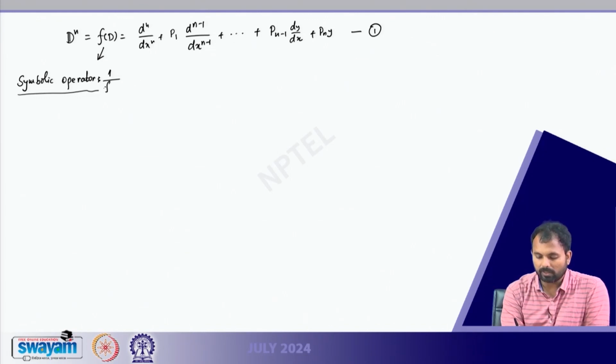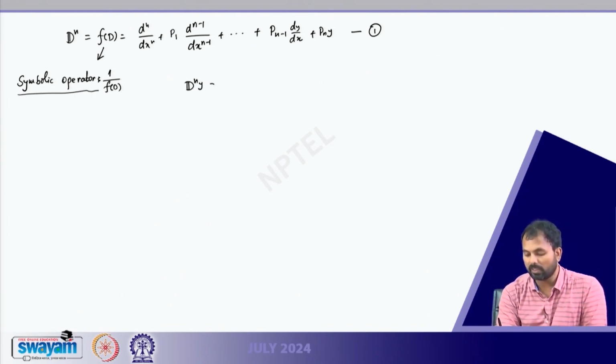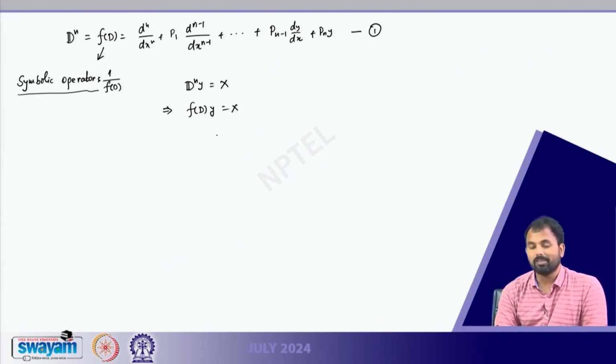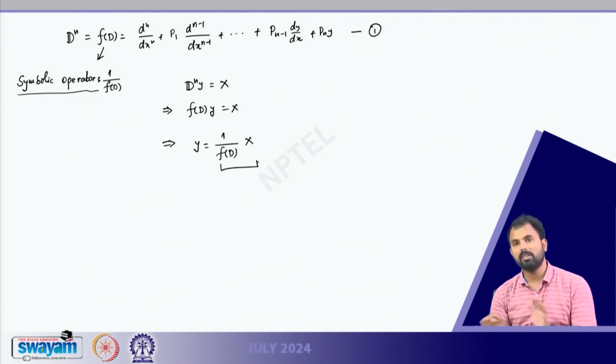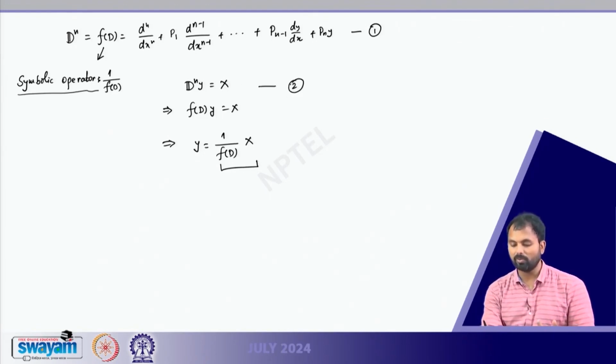If you go back to the differential equation, we have this non-homogeneous case, which is basically F(D)y equals capital X. So it sort of tells us that if we bring this operator to the other side, y equals 1 by F(D) of X. Whatever this right hand side means, that is actually the solution y, because the ultimate goal for this equation 2 is to determine y.